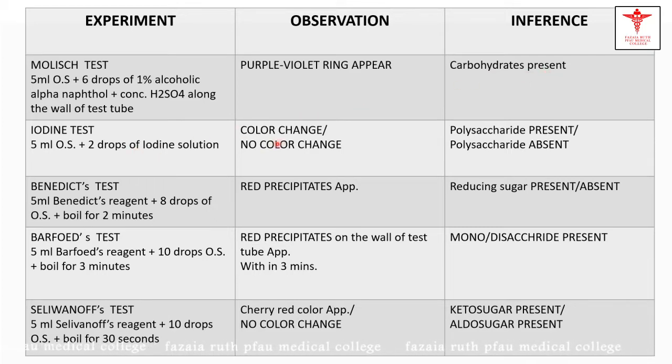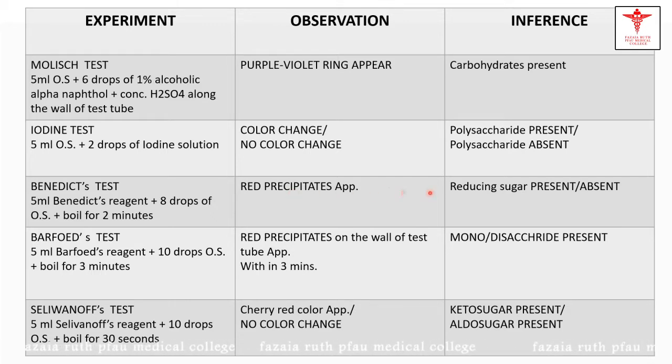An observation for the iodine test will be either a color change or no color change. If there is a color change, the inference will be polysaccharide present, and if there is no color change, inference will be polysaccharide absent. And in the Benedict test, there will be appearance of red precipitates, and as I told you, these red precipitates are composed of cuprous oxide.